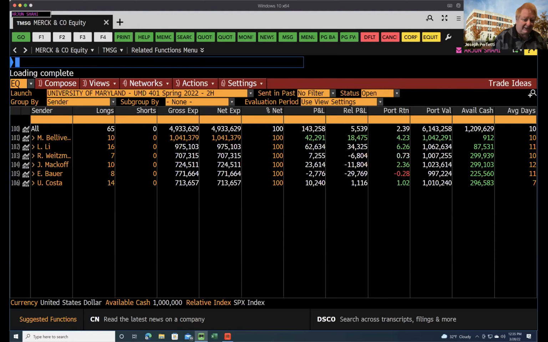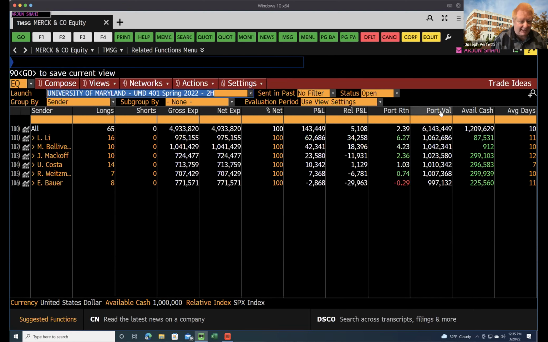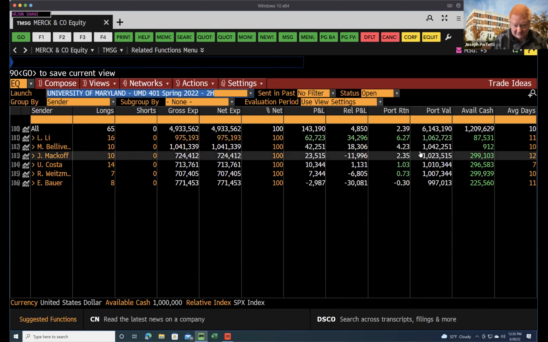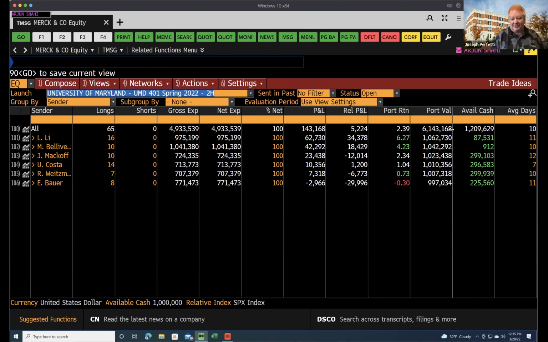By the end of the first half, remember you have to have at least 10 more longs. So we still have 2 teams that need to do a couple more trades, but you have about 5 weeks to do that, so you're okay. Again, shorts don't count. If we score you today, we can see that the team in first place has a 6% return over the last 11 days, which is pretty good.